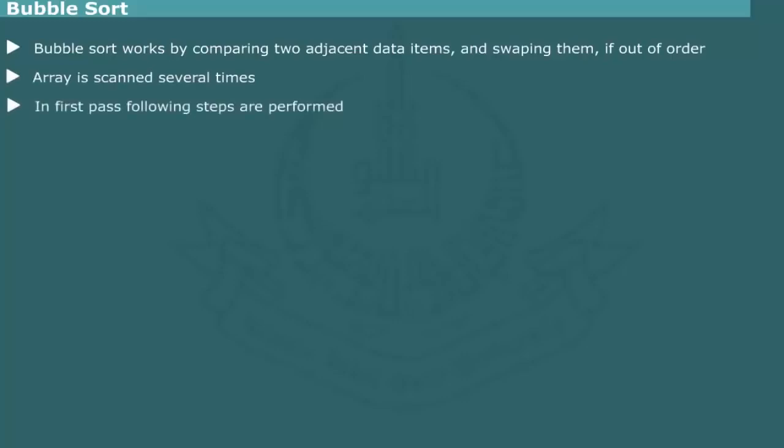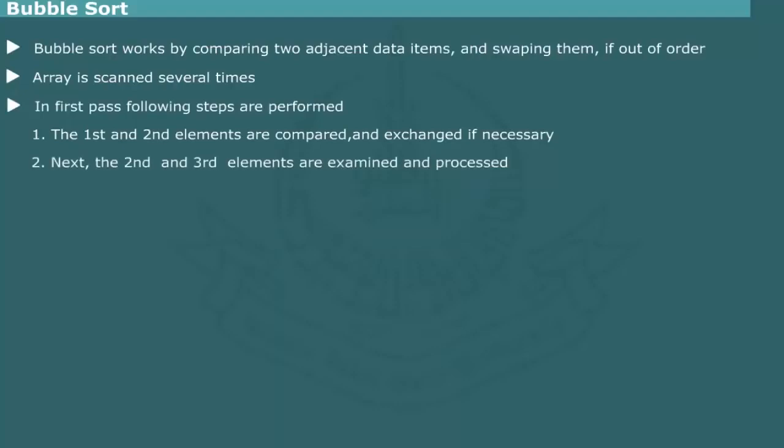During the first pass, the first and second elements are compared. If found to be out of order, they are exchanged. Next, the second and third elements are examined and swapped if necessary. This process is repeated until the end of array is reached.